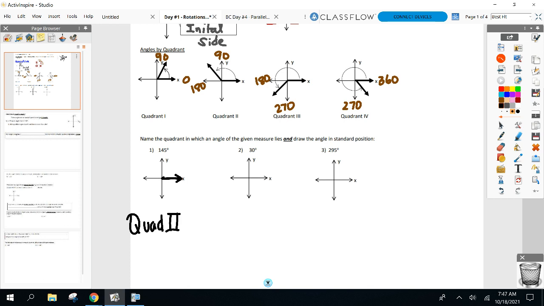Because that's where I want your terminal side to be. It's closer to 180. Do 180 minus 145 and 145 minus 90, and you'll see it's closer to 180. So when you graph it, I want that terminal side closer to 180. I'm not looking for exactness, but that thing better be closer to 180.